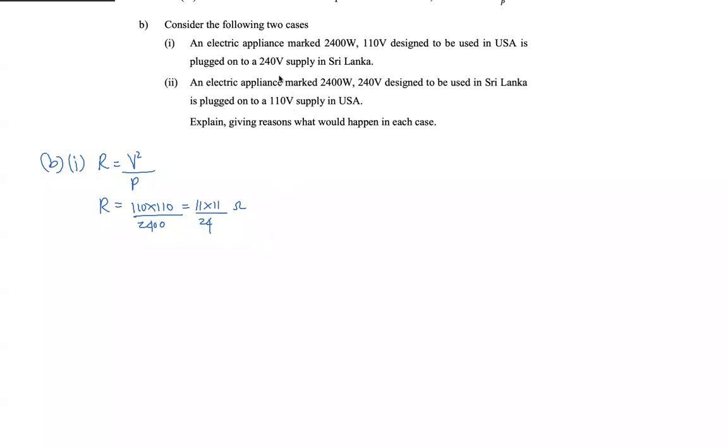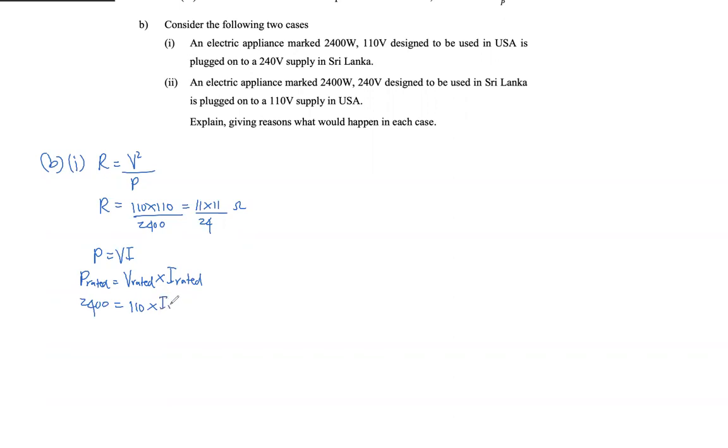Now we are plugging it to 240 volt, with this resistance. We know power is equal to VI. So rated power is equal to rated voltage into rated current. Rated current is the maximum possible current through that. Rated power is 2400 and rated voltage is 110.